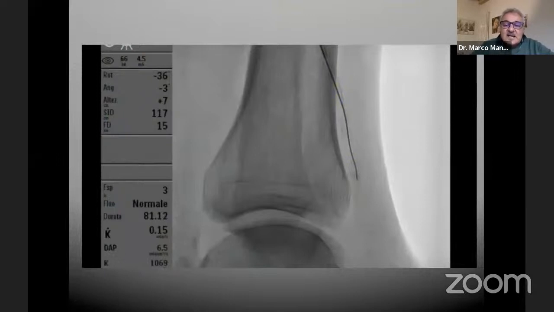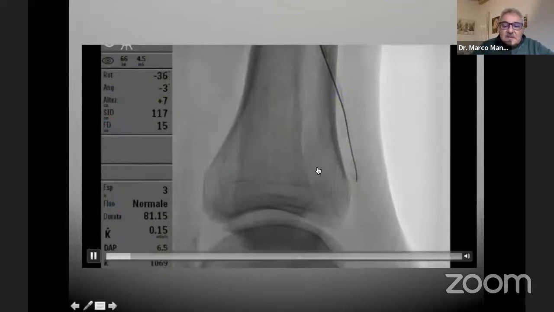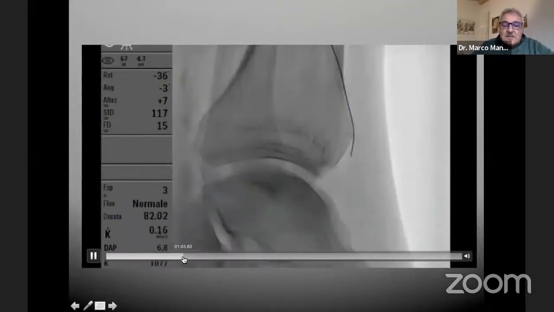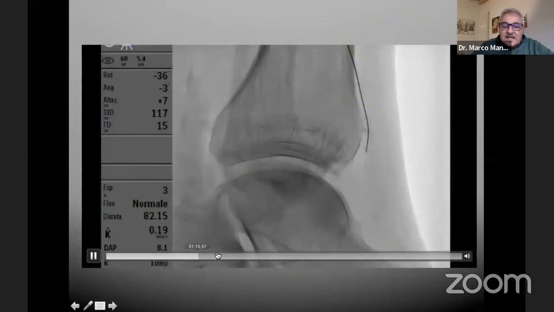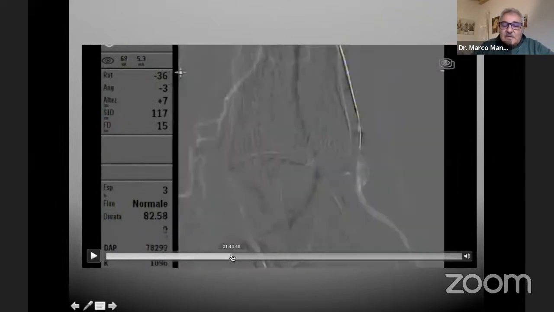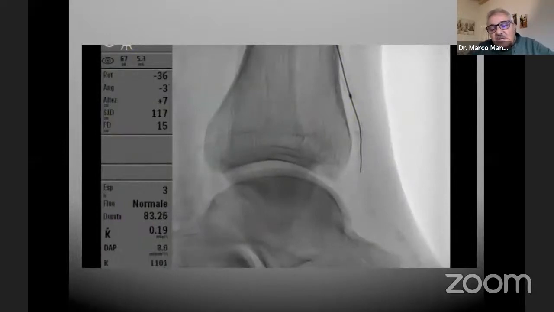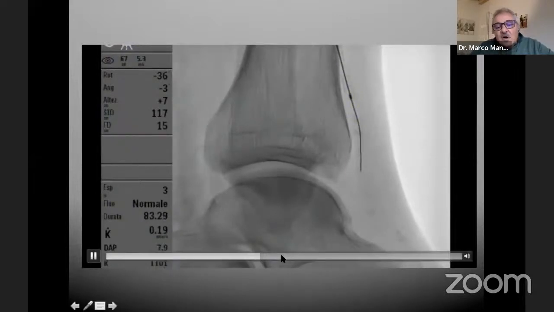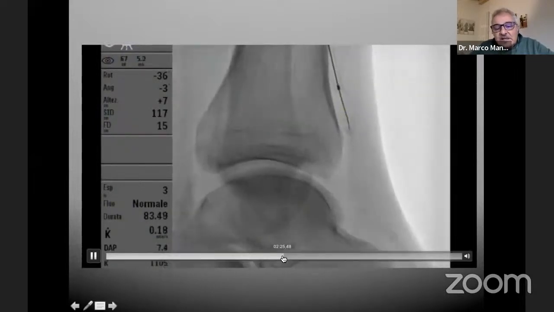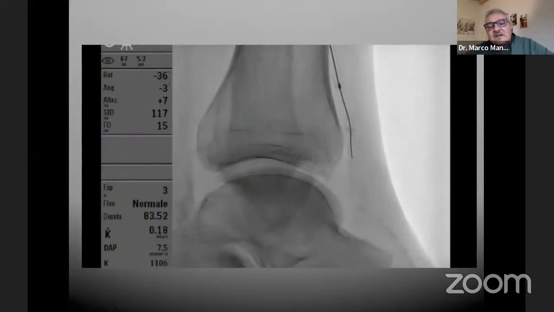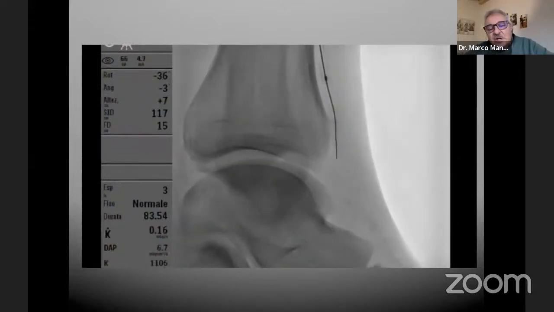You can see here, we try to maintain the tip in the middle of the calcium, and after many attempts, finally it was possible to cross the occlusion with a support catheter capable to increase the power of penetration of our wire. You can see here the final progression of the wire.